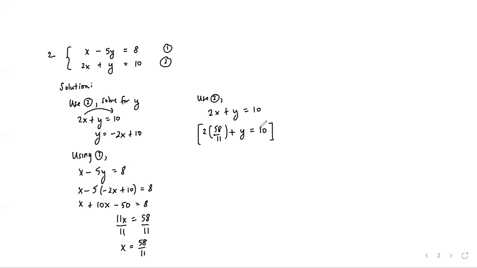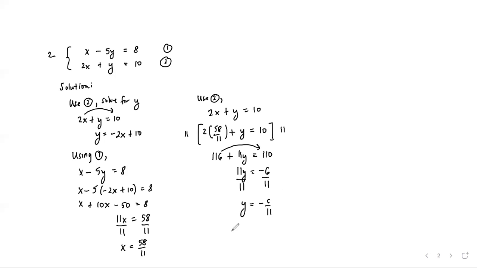Multiplying both sides by 11, we get 2 times 58, which is 116, plus 11y is equal to 10 times 11, which is 110. Transposing 116 to the right side, we get 11y equals 110 minus 116, which is negative 6. Dividing both sides by 11 gives us y is equal to negative 6 over 11.